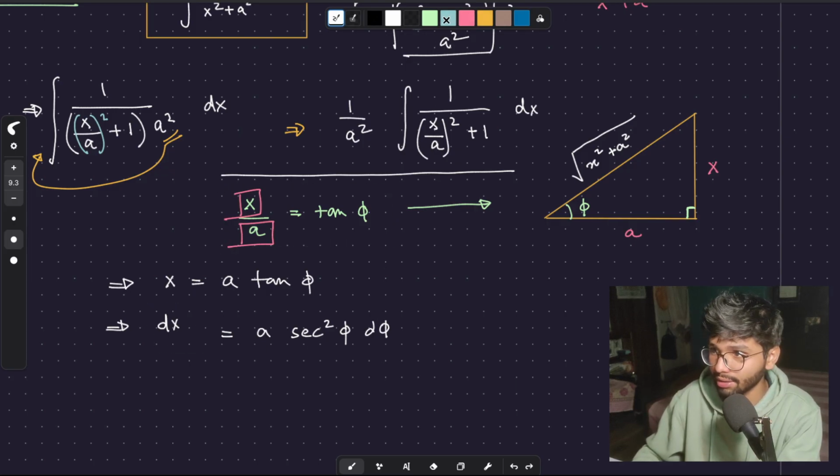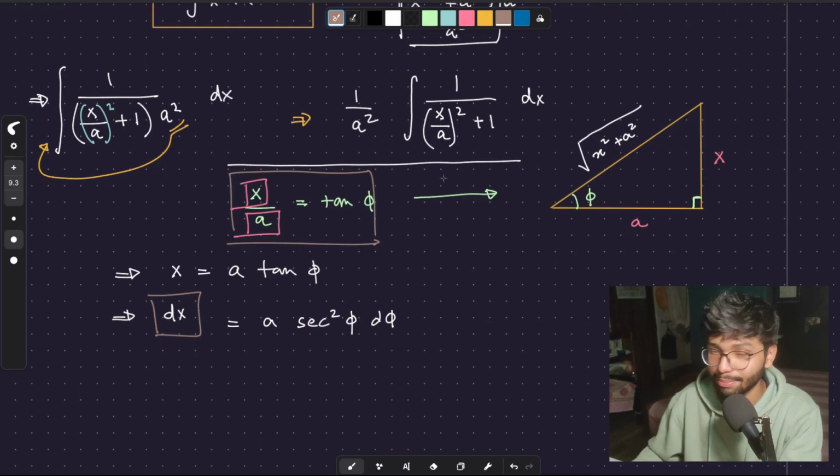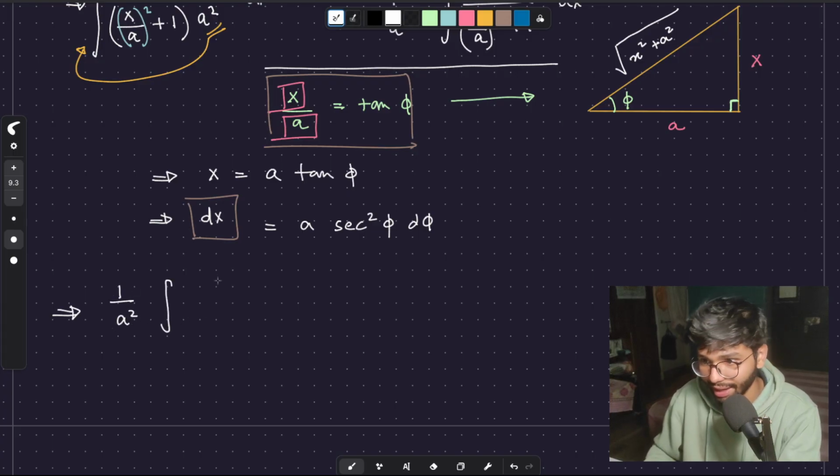Let me draw that in a different color to distinguish between things. Let's take the good brown color. Not so good, but all right. So we can substitute this back into our good old integral. So let me go 1 over a squared, this thing, and 1 over tangent squared phi plus 1.